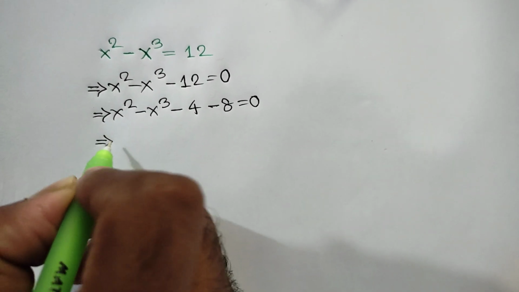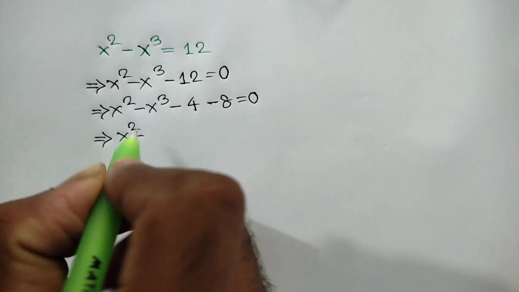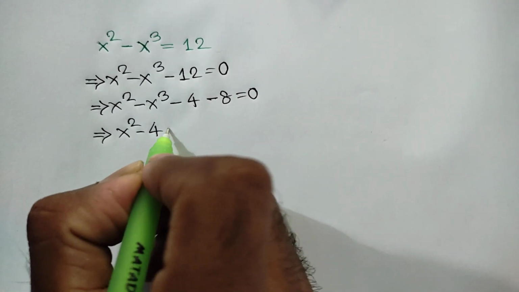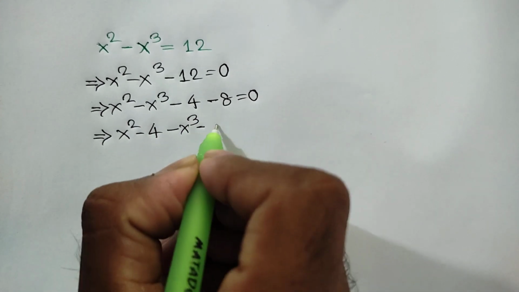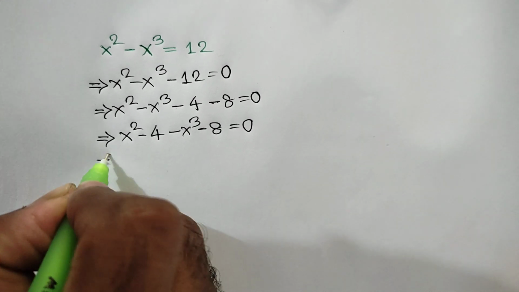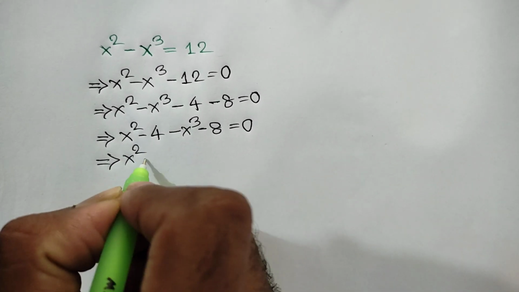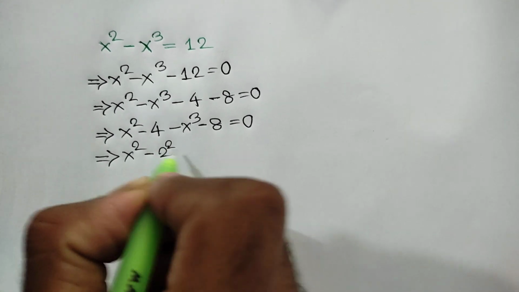Rearranging it we will write x square minus 4 minus x cube minus 8 is equal to 0. Or x square, this 4 we can write 2 square.